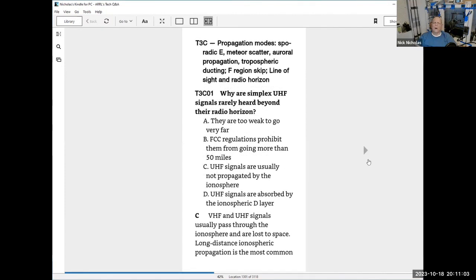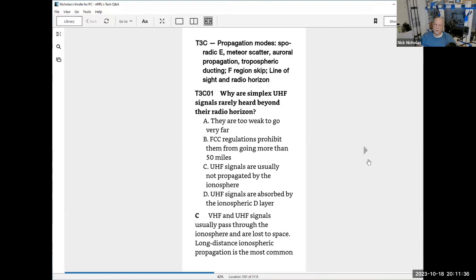All right. Well, talking about the propagation modes, predominantly for UHF, VHF radio. Why are simplex UHF signals rarely heard beyond the radio horizons? Well, the answer is C. Generally, UHF and VHF signals pass through the ionosphere and are lost out into space.